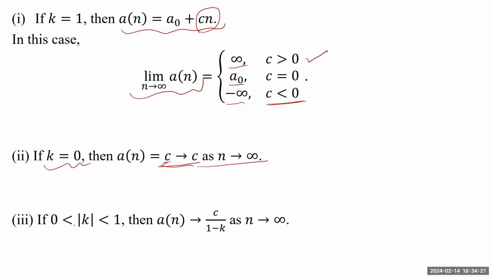Similarly, if the k value lies between 0 and 1, then a of n approaches c over 1 minus k as n tends to infinity.